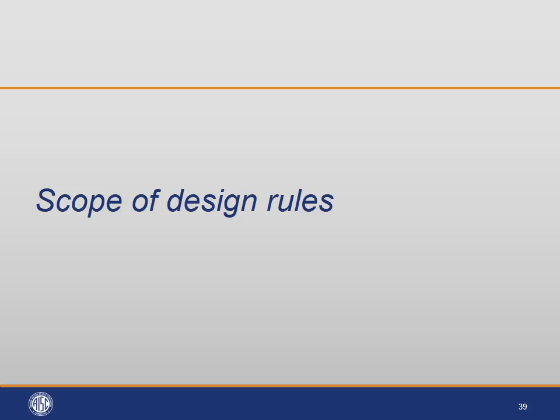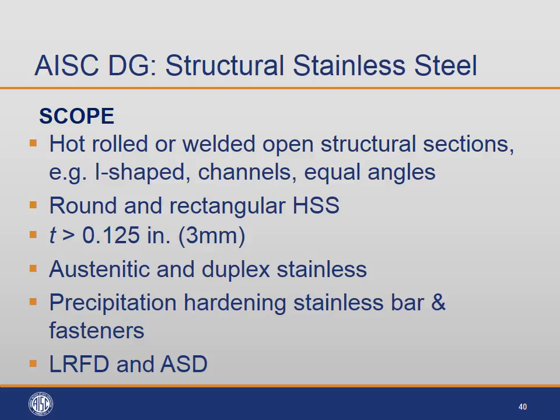So, moving now to look at the scope of the rules in Design Guide 27, we cover hot-rolled or welded open structural sections. So those are sections like I-shapes, channels and equal angles. We also cover hollow structural sections in thicknesses for all these sections greater than 0.125 of an inch.